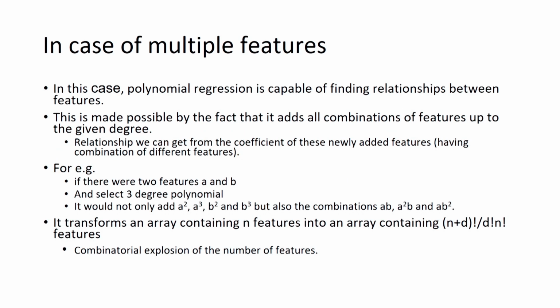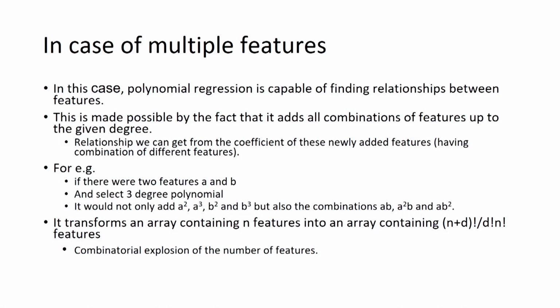But if we have more than one feature in our data set and there is a non-linear relationship between y and, suppose, x1, x2 up to xn, how will we apply polynomial linear regression or how will we create our model?